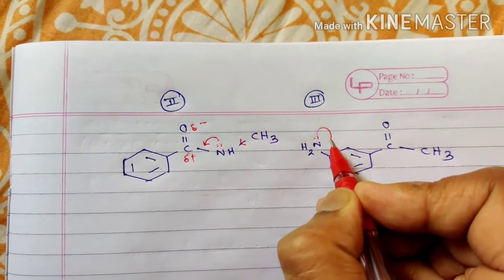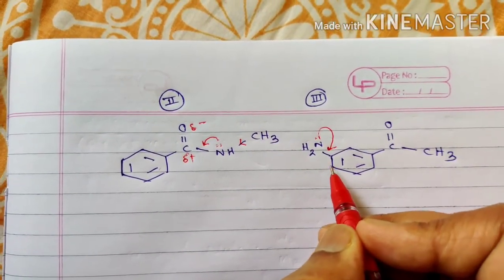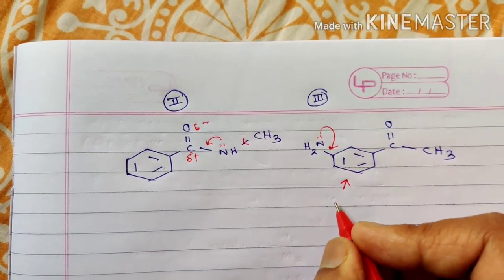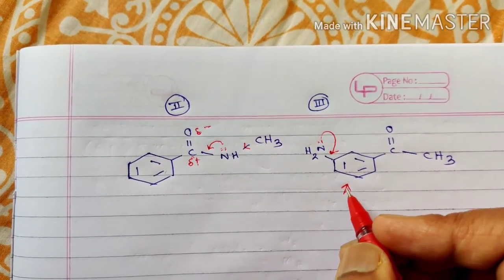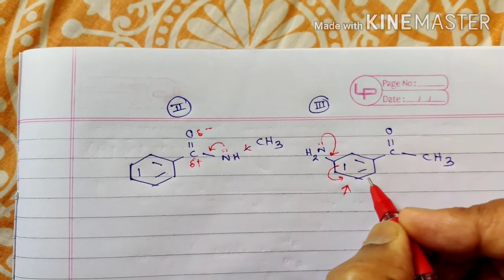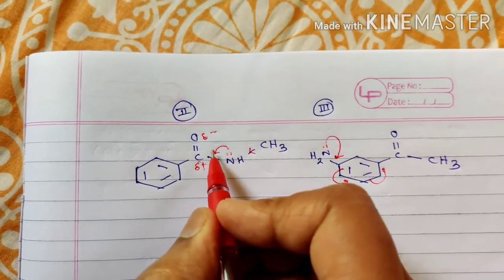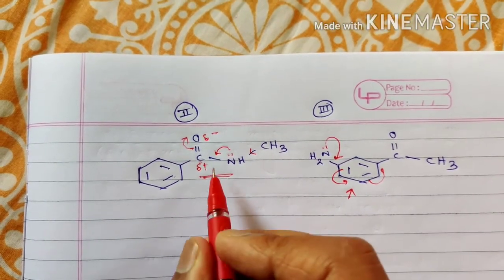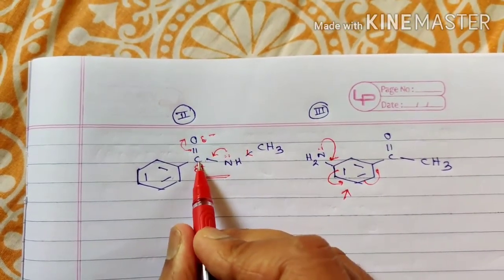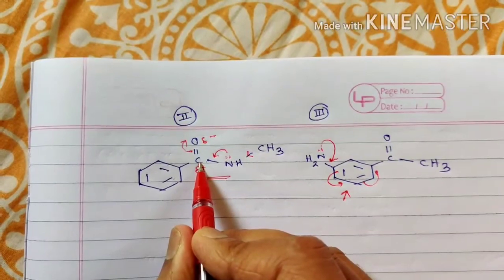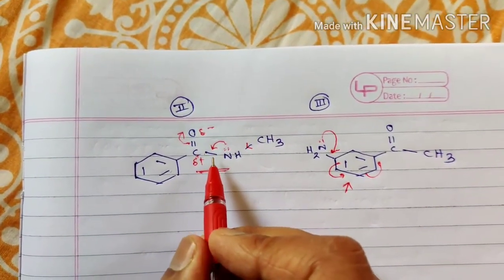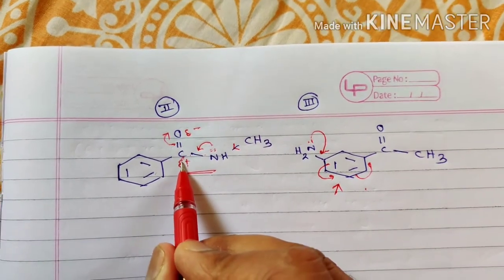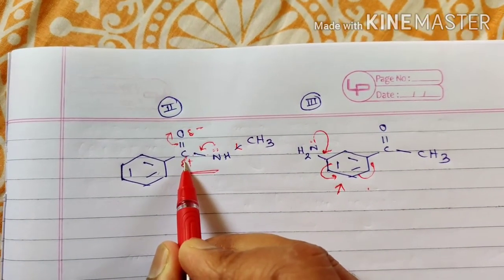Whereas when this electron comes here, there is no such big deficiency in the ring. Although the electrons definitely can circulate, and here also this can be done. But here, the tendency to take the electron by this carbonyl will be a little bit greater compared to this, because the deficiency of electrons is more over here.